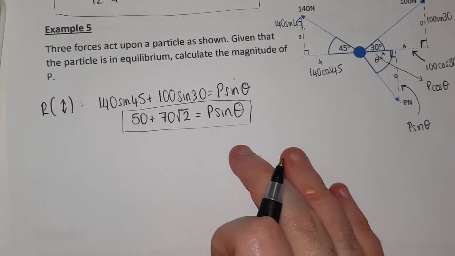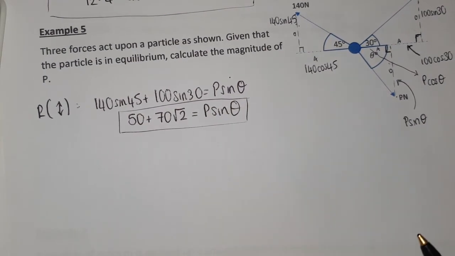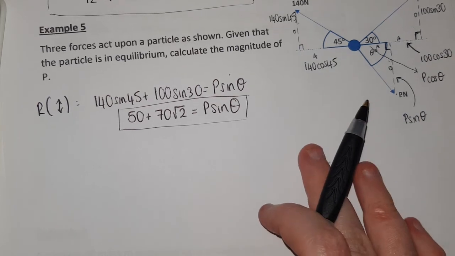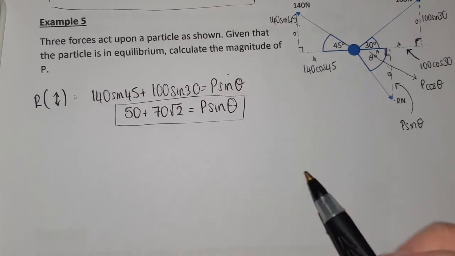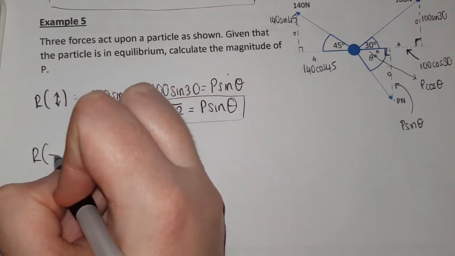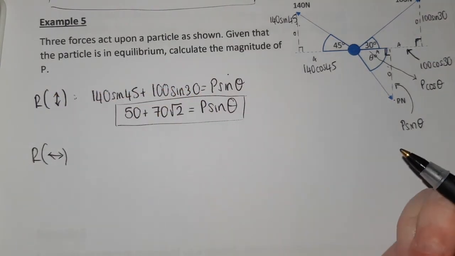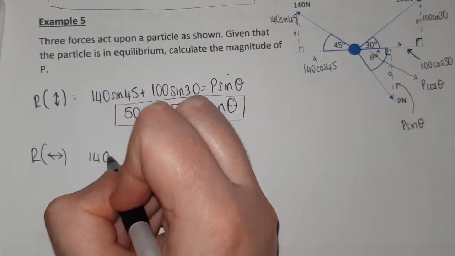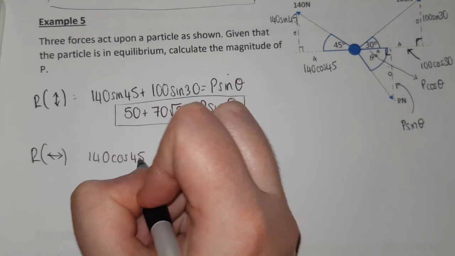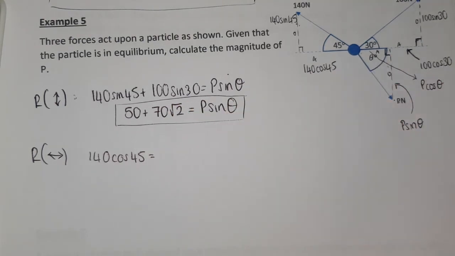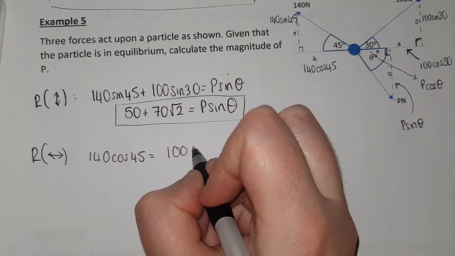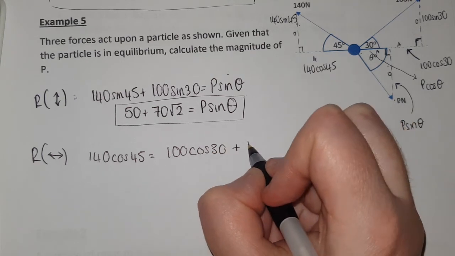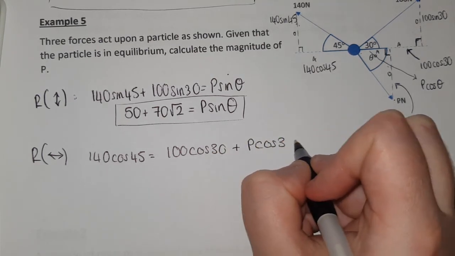Okay, now it's very common in these to basically end up with 2 sets of equations. One's going to have sine, one's going to have cos, so you can pretty much guess where we're going to go with that. But if we resolve horizontally, the only force pulling to the left is this one, so I've got 140 cos 45 has to equal, and the 2 forces pulling to the right were 100 cos 30 and P cos theta.